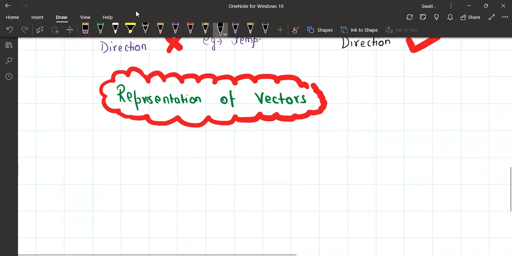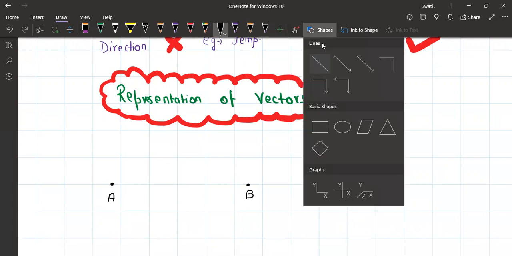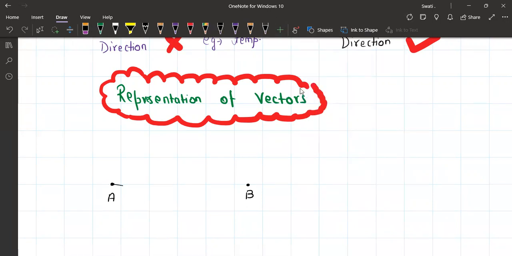Okay, so let us understand how we represent vectors. For that, let me take two points. Suppose we have two nails, A and B. Now suppose we have a string, which we are using to attach both the nails A and B. Let me draw a string.